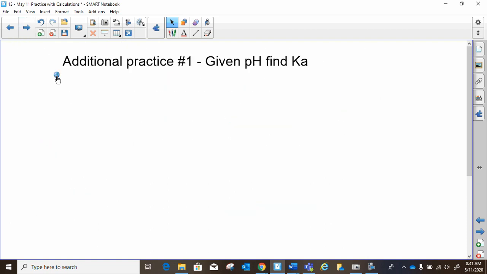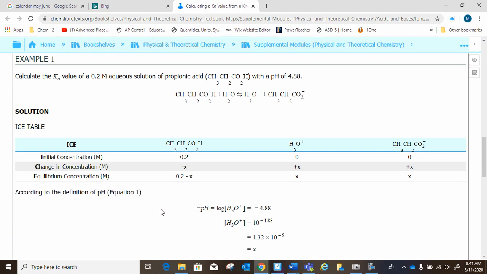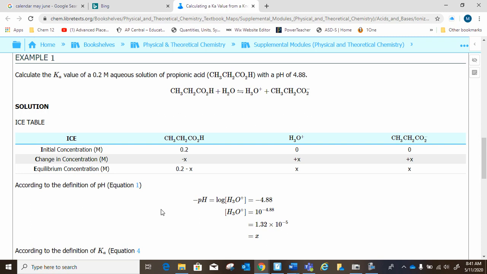All right, so I found this extra practice online, calculating pH and Ka. So here's the example if you just want to screenshot that. So we're talking about a particular acid with a concentration of 0.2 molarity and a pH of 4.88. And they write out the equilibrium expression or equation for you.